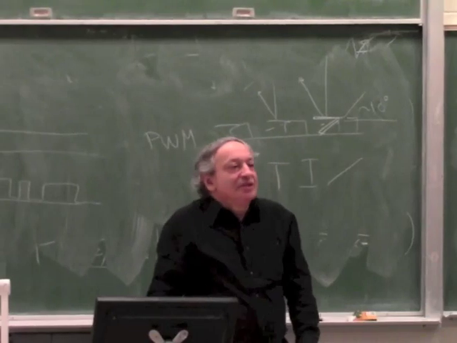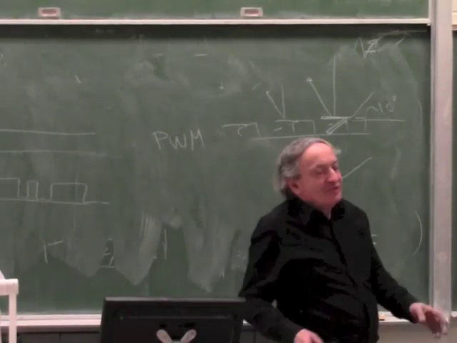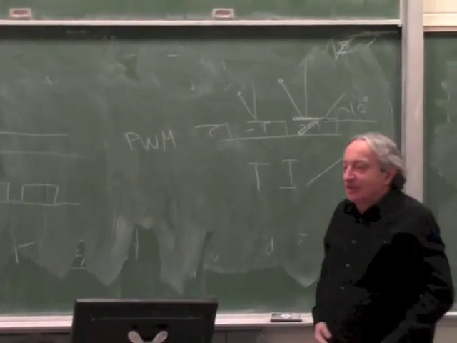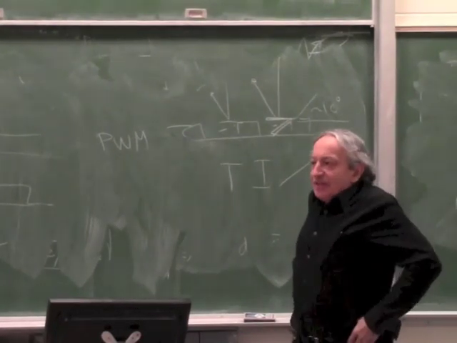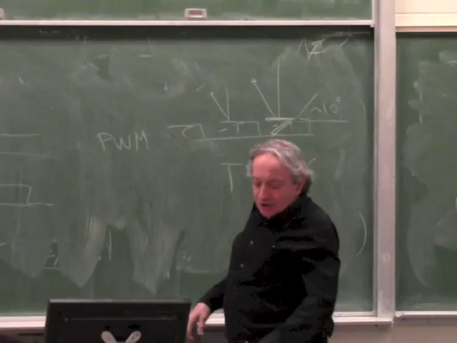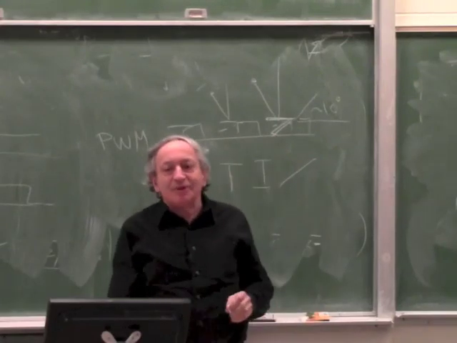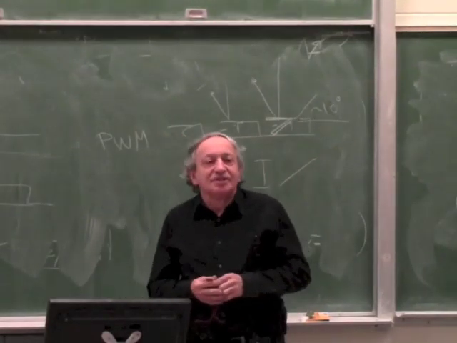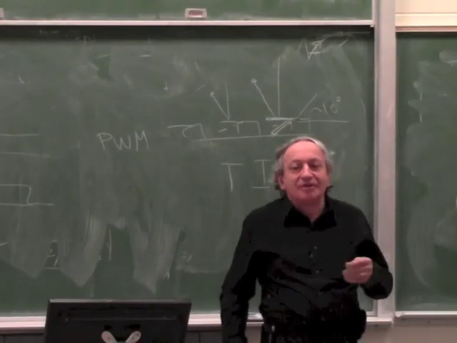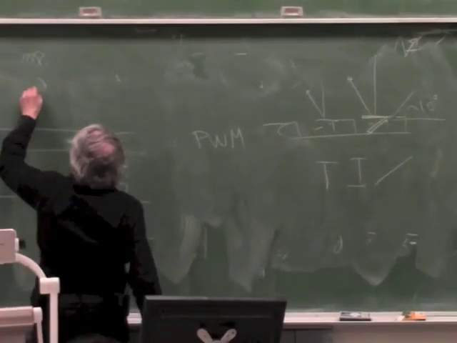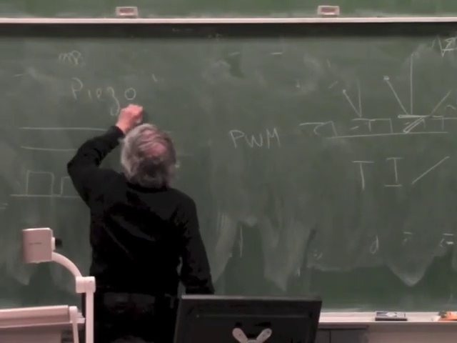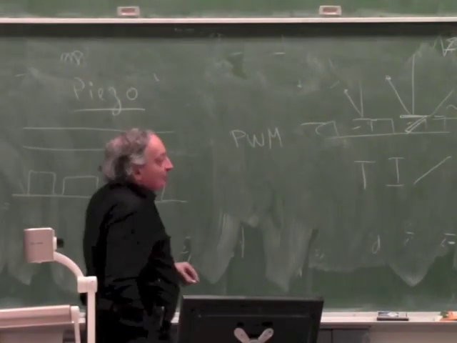Okay, so now we covered electrostatic actuators, we covered electromagnetic actuators. Now there's a whole bunch of other actuators which are used much less, but you should know a little bit about them. The next one in popularity is piezo, and we already mentioned it before. Piezo stands for piezoelectric.